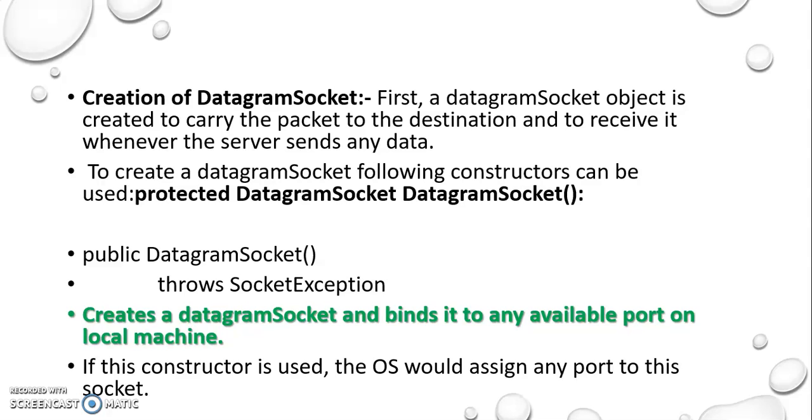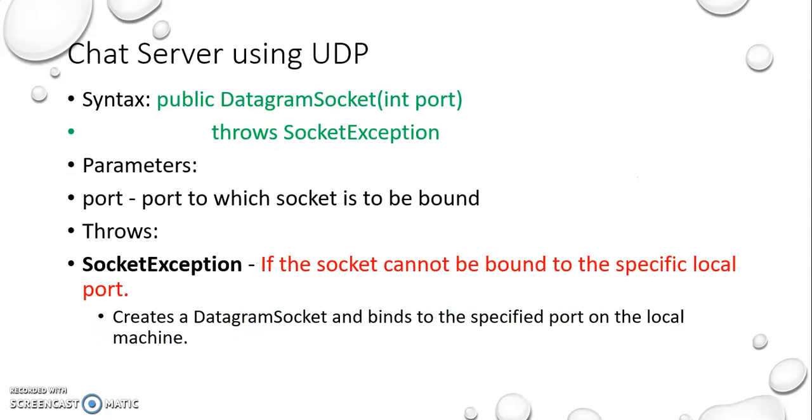So this can be done through the constructor public DatagramSocket throws SocketException. The exception is SocketException. So it creates a datagram socket and binds it to any available port on localhost. If this constructor is used, the OS would assign any port to this socket.